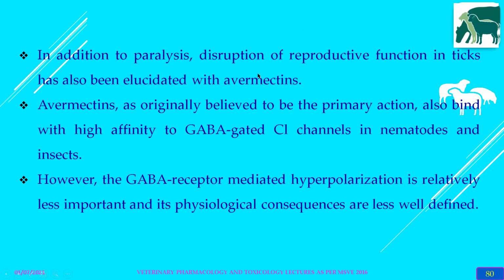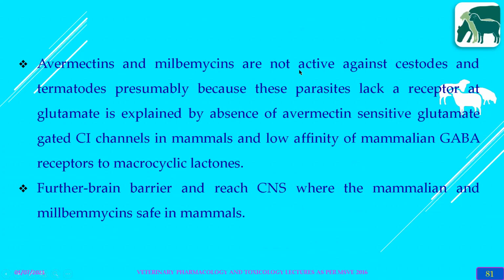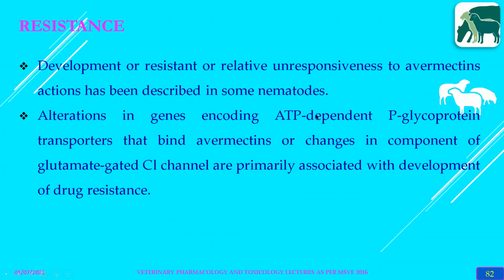Then ivermectins and milbemycins are not active against the cestodes because these parasites lack the receptors, especially the chloride-gated receptor. So the blood-brain barrier, of course, is difficult to reach.